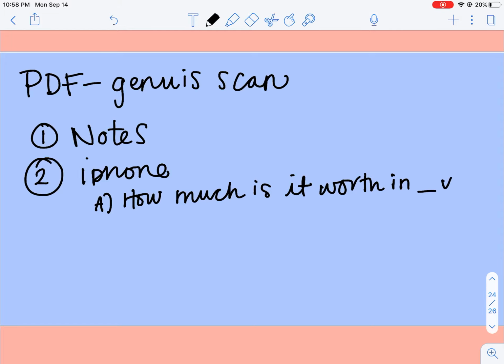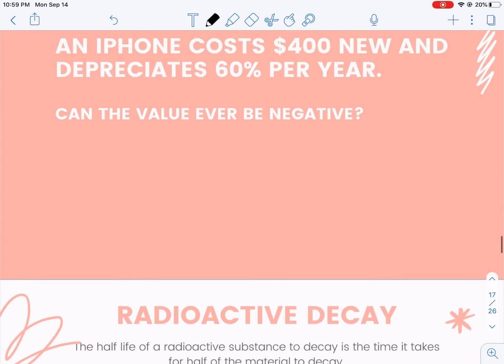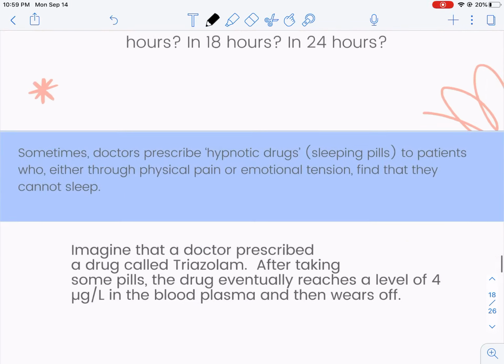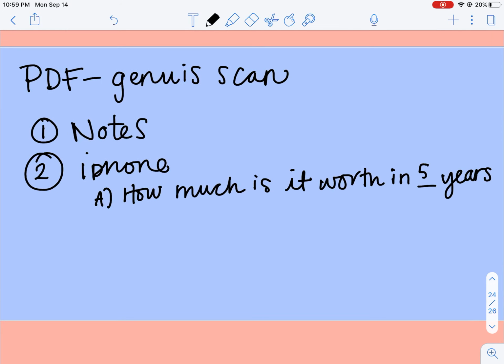I forget how many years. 5 years, 4 years? How much would you pay for a 5-year-old iPhone? Not much. 5 years. Okay. How much is it worth in 5 years? And B, can the value ever be negative?